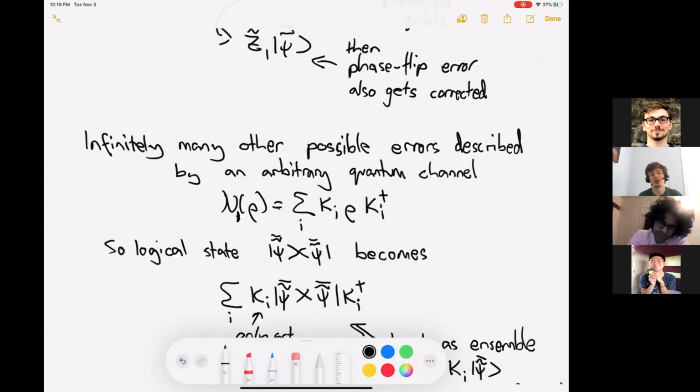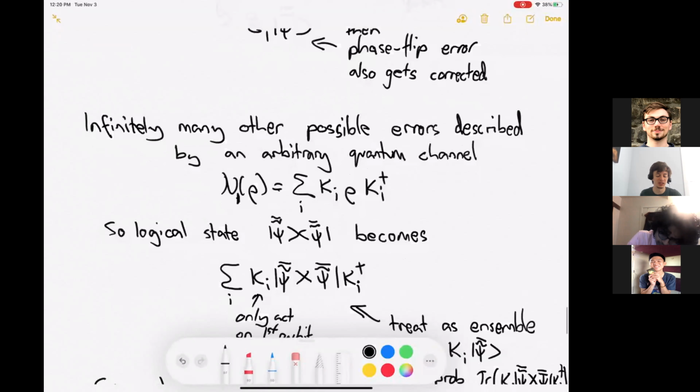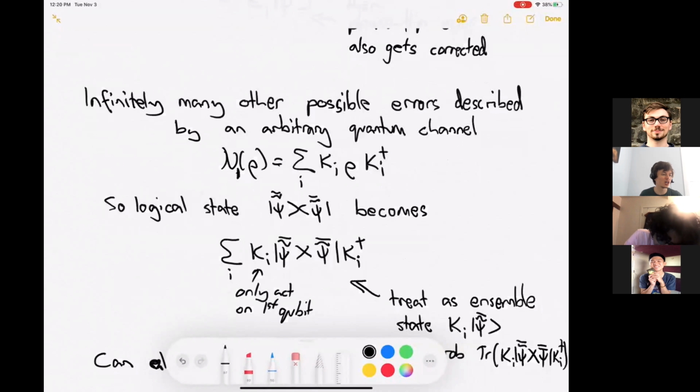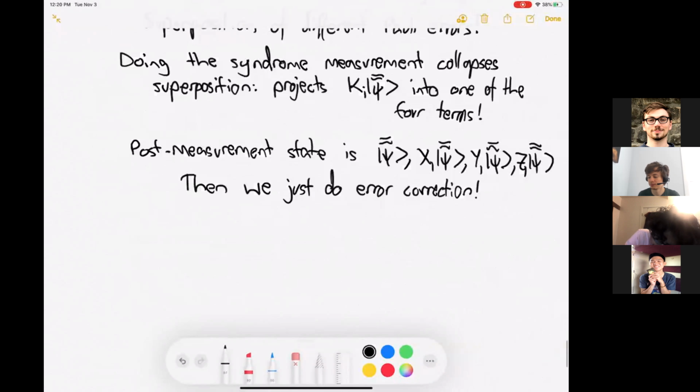Okay, and then you want to argue that the probability of anything other than the identity happening in each case is small, so the probability of more than one qubit getting affected is of order p squared, right? Just like for the classical thing. Okay, but we're literally just going to assume for simplicity that we don't know which one qubit has got affected, but we know that only one qubit had any noise happen to it. Make sense? Yeah, it makes sense.